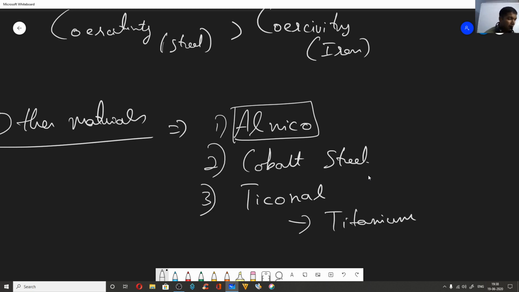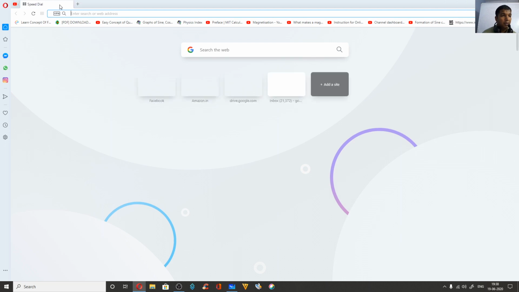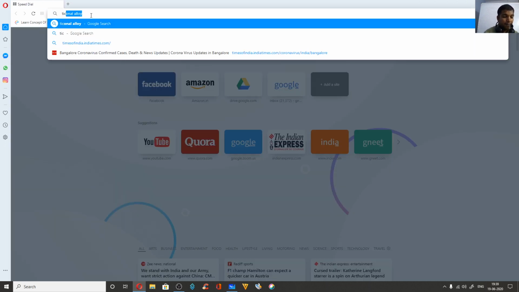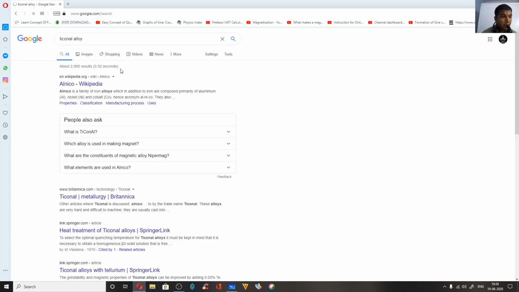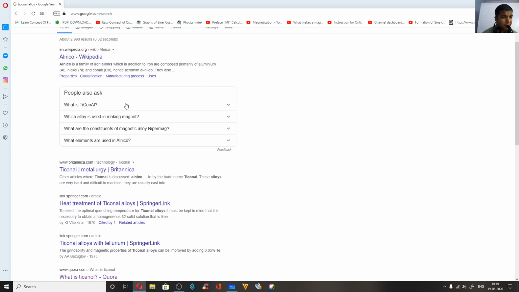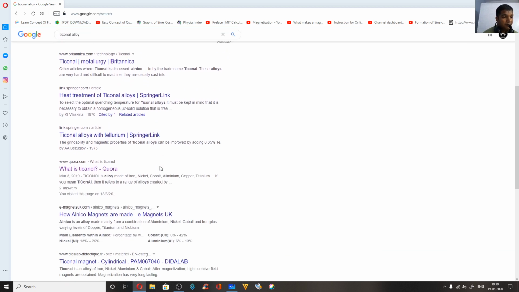Let me show you. Ticonal alloy: nickel, cobalt, aluminum, copper and titanium, they use apart from this.